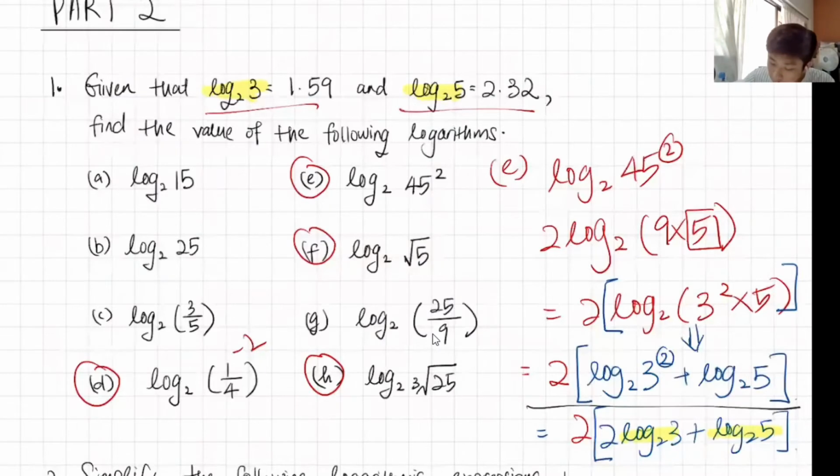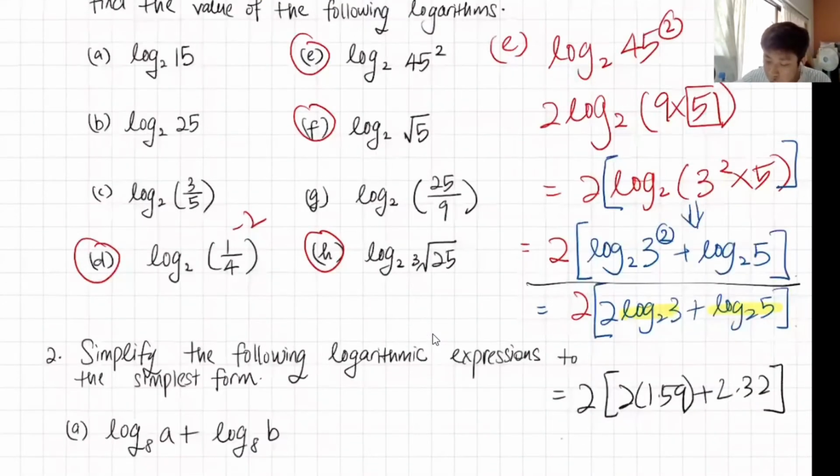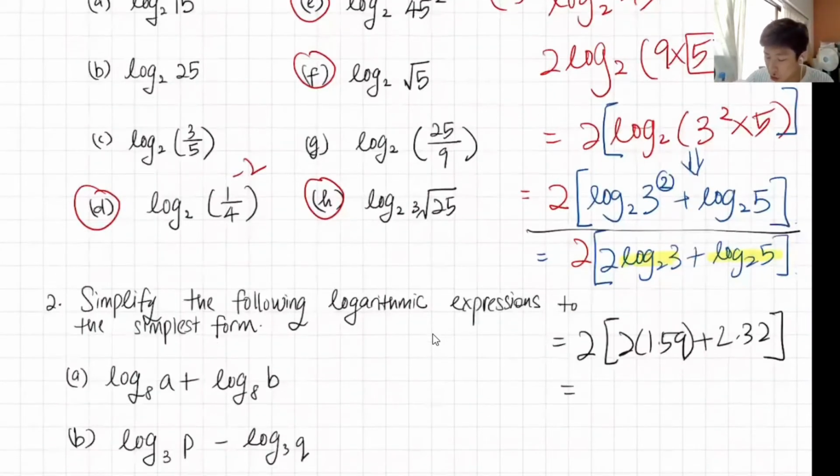Close your bracket, and then you calculate. If some of you do not know how to calculate this one, you must brush up your basics. If you need me to go through your basic operation, let me know in the comment section below. So you take 2 times 1.59 using a calculator, plus 2.32, then that answer times 2. You get your final answer.